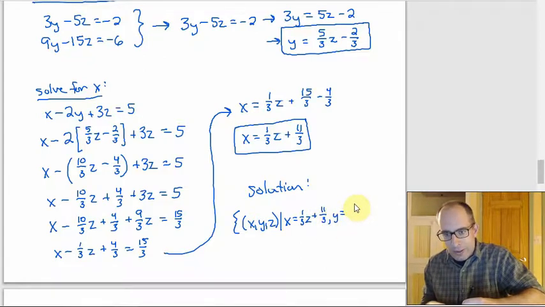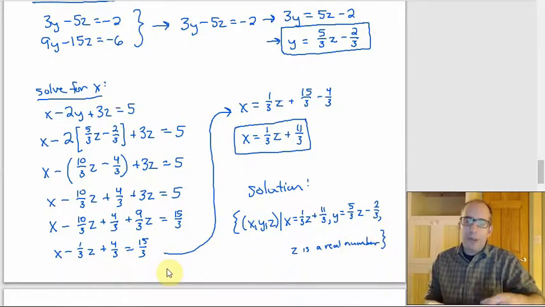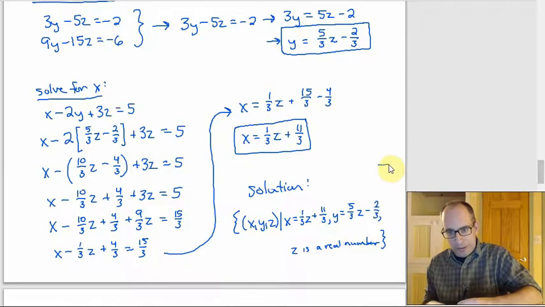Y is 5/3 z minus 2/3, and z is a real number.